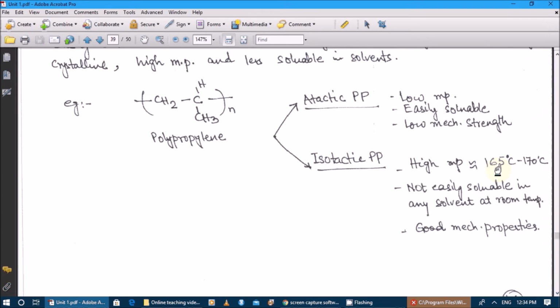In some solvents at higher temperature it is partially soluble, and isotactic polypropylene possesses very good mechanical properties. That's why it is used for applications such as automotive, kitchen appliances, domestic appliances, etc.